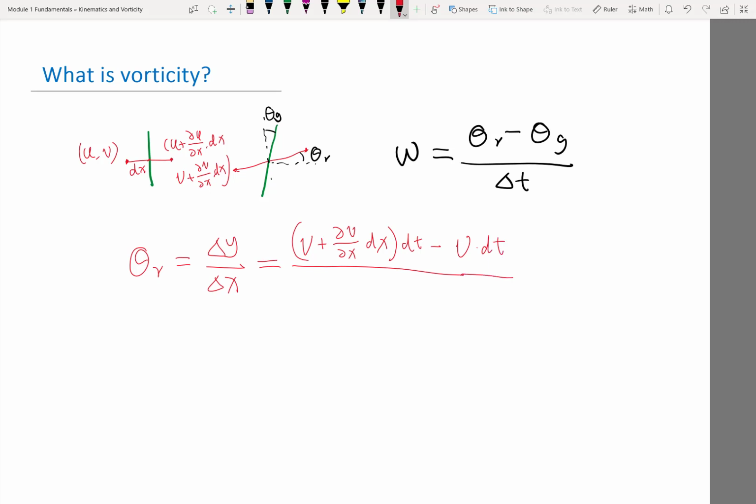That is the delta y. Any question on that? So basically, this is how much the right end point has moved, and this v dt is how much the left point has moved in the y direction.